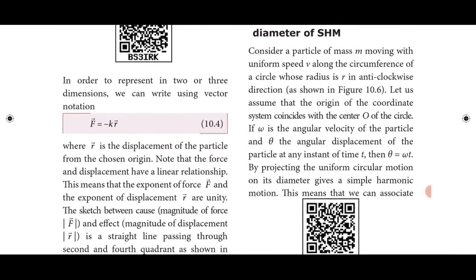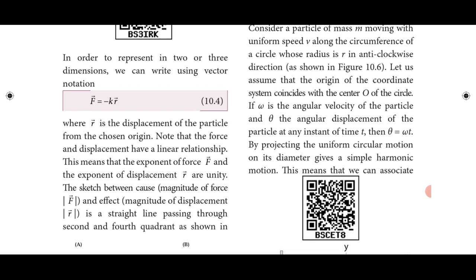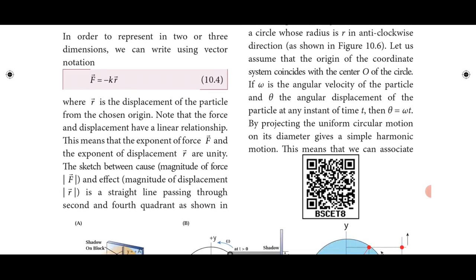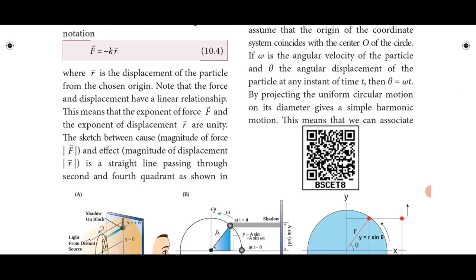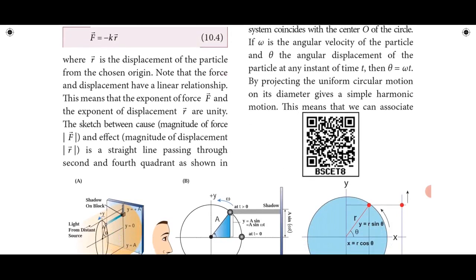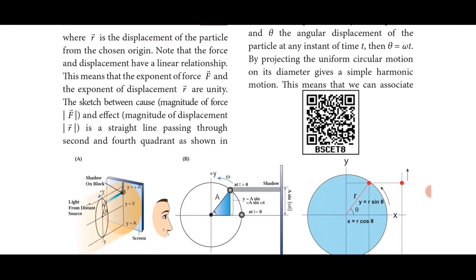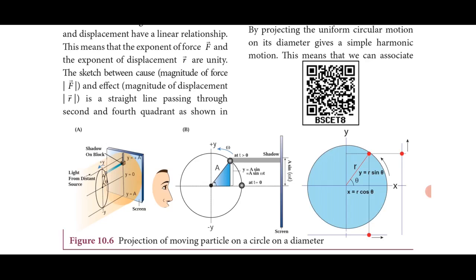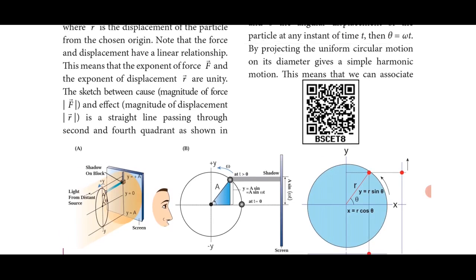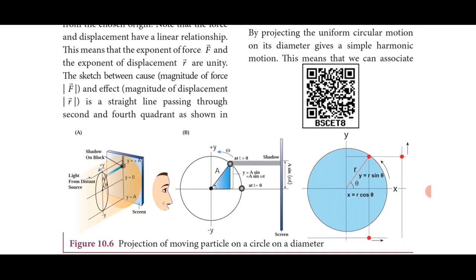In order to represent this in two or three dimensions, we can write using vector notation, that is F vector is equal to minus k r vector, where r is the displacement of the particle from the chosen origin. Note that the force and the displacement have a linear relationship. This means that the exponents of the force F and the displacement r are unity.